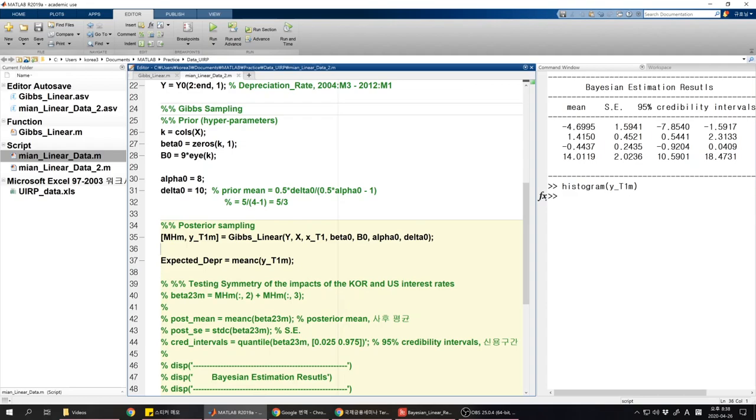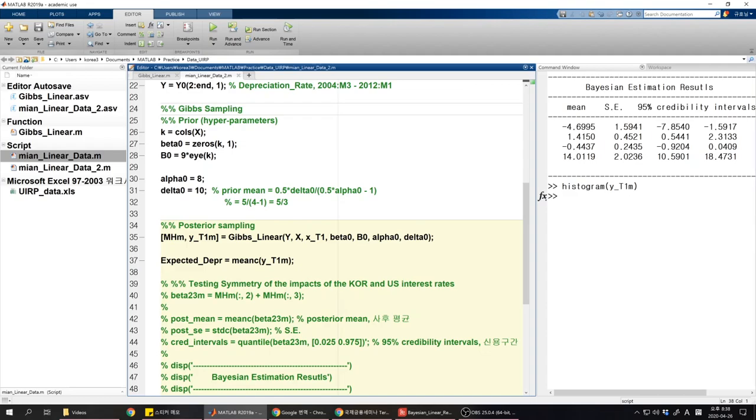It's not that difficult. How many samples do we have? We have 10,000. So if you are interested in computing negative depreciation rates, just count the negative values among the 10,000 posterior draws. Let me show you how to do this.